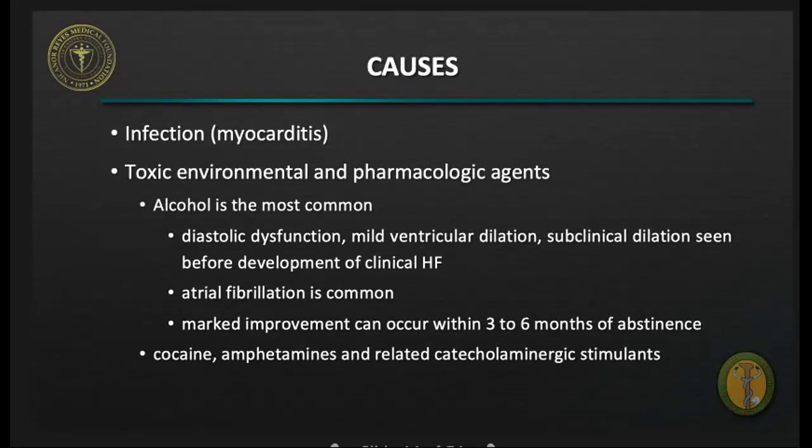Polymorphism of the genes encoding alcohol dehydrogenase and angiotensin converting enzyme are implicated. An estimated 6 drinks daily for 5 to 10 years, equivalent to 4 ounces of pure ethanol, can cause alcohol cardiomyopathy, but frequent binge drinking can also be sufficient.